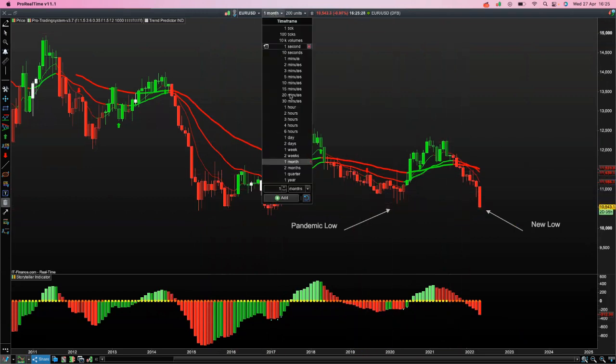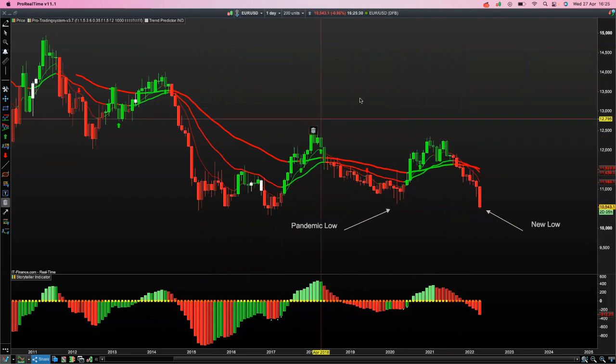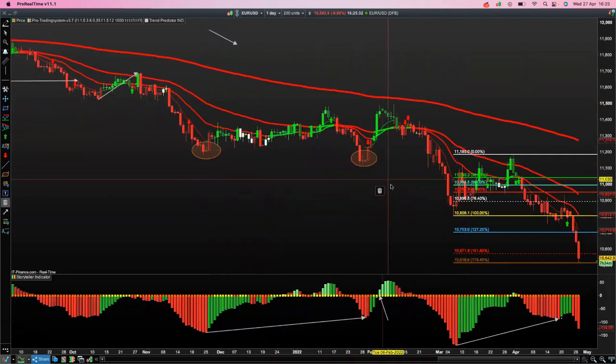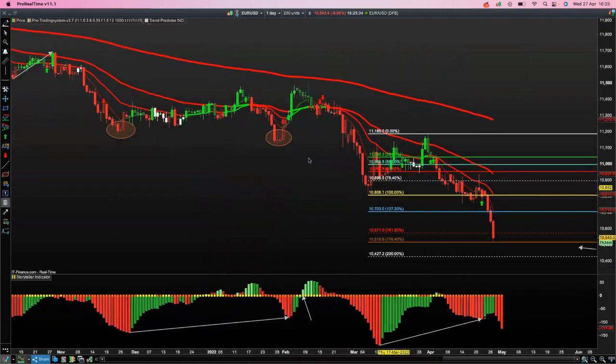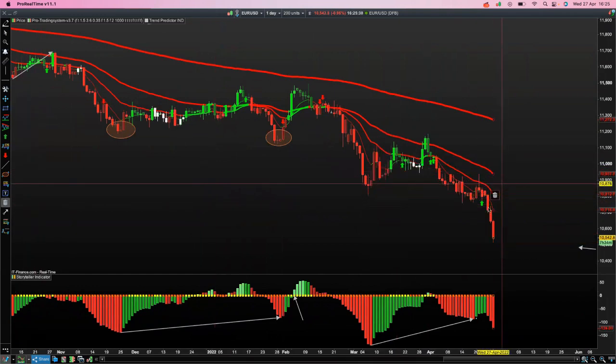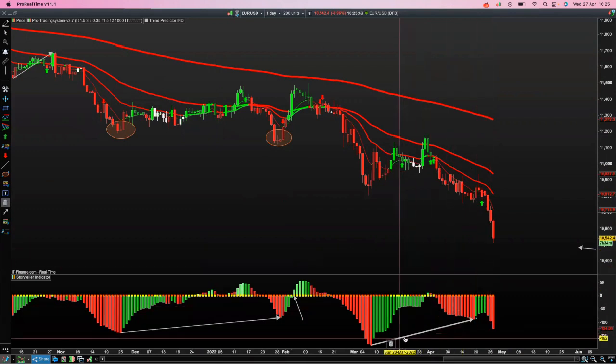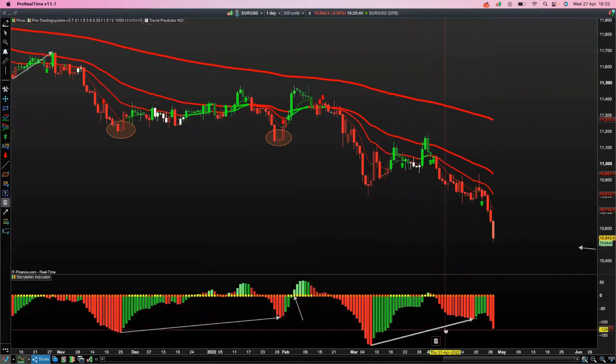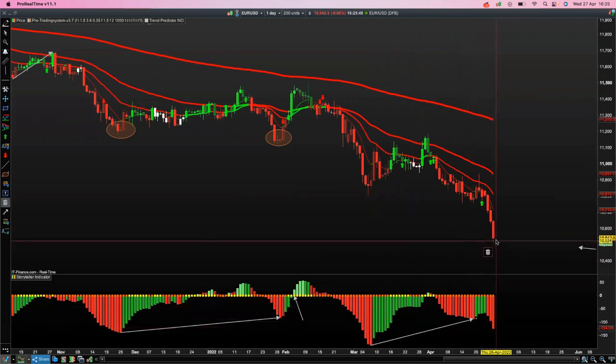If we go to our daily chart now, you can see I have drawn this fib here, not wanting to be too complex with it. It's red, it's short, but we're starting to lose a bit of momentum here, as you can see on our storyteller.